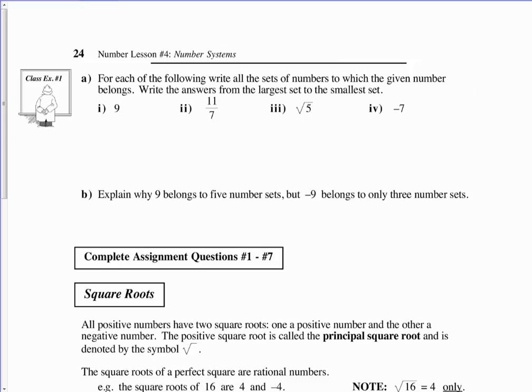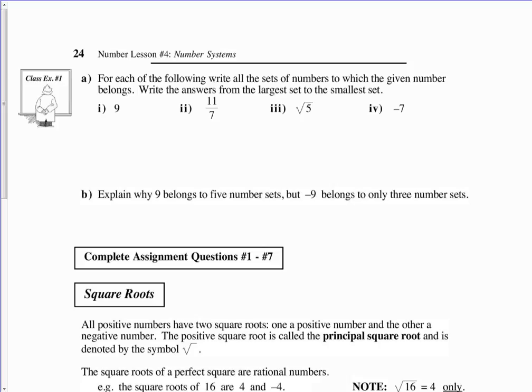So it'll help having this up on the board as we go through these examples. Because for each one, it says, for each of the following, write all the number sets it belongs to. Did I skip a page, or we're just on the next page, right? Okay, good. Okay, so number 9, you want to work from the inside out. What's the first set it belongs to, the smallest set?